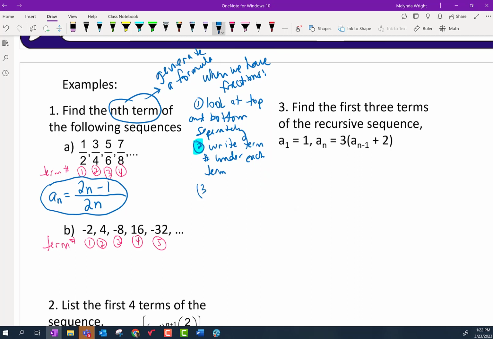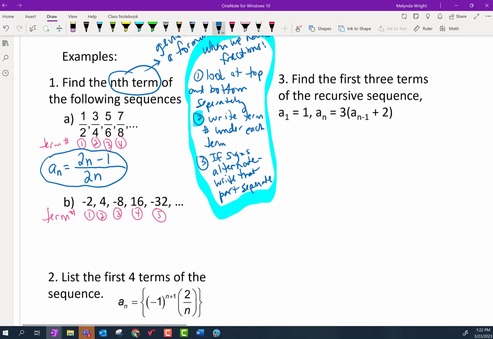Number 3: if signs alternate, write that part separate. Okay, if the signs alternate, write that part second.